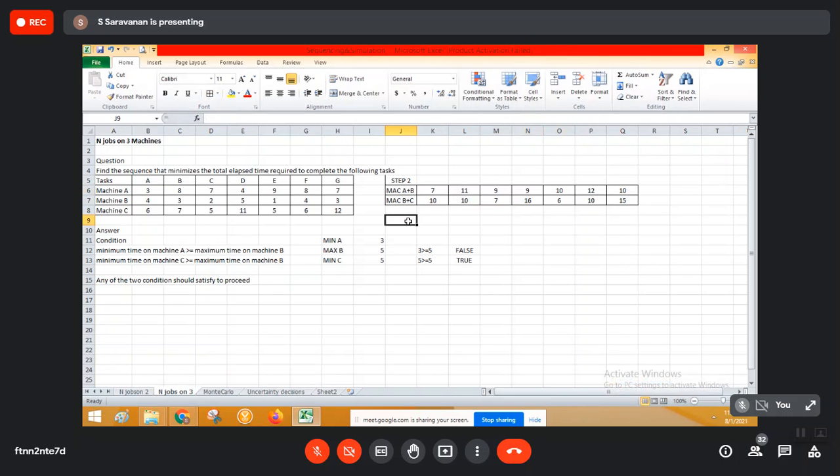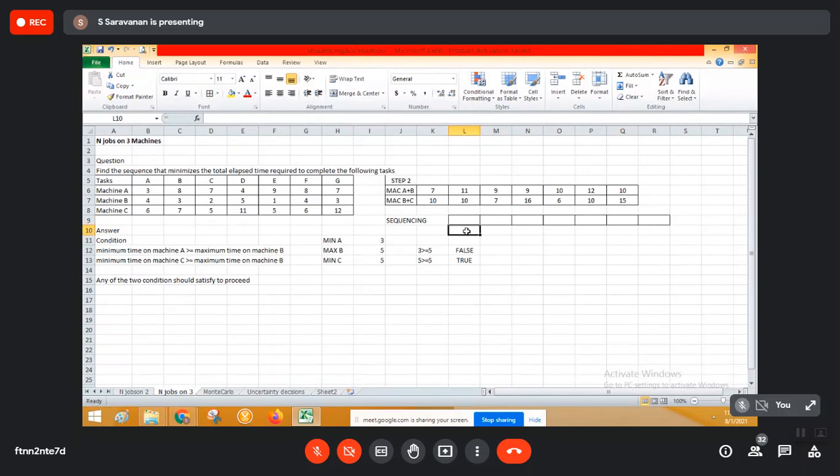So now sequencing. How to do sequencing? How many jobs are there? 1, 2, 3, 4, 5, 7. Seven activities are there.